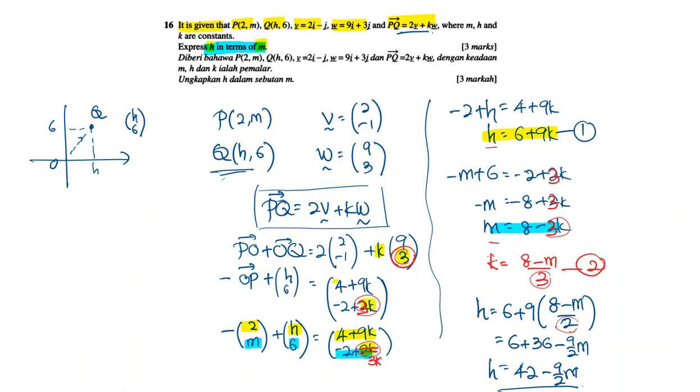This one is divided by 3. So cut. This is 3. So H equals 6 plus 24, 30, minus 3M. Okay, that's the answer. H in terms of M.